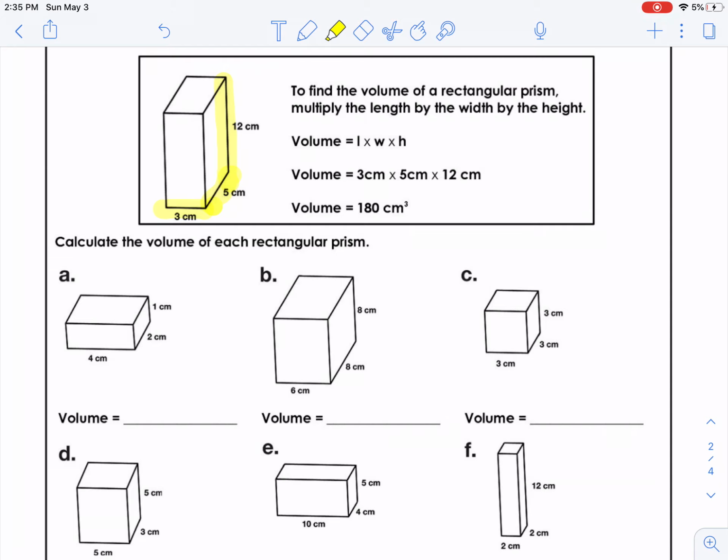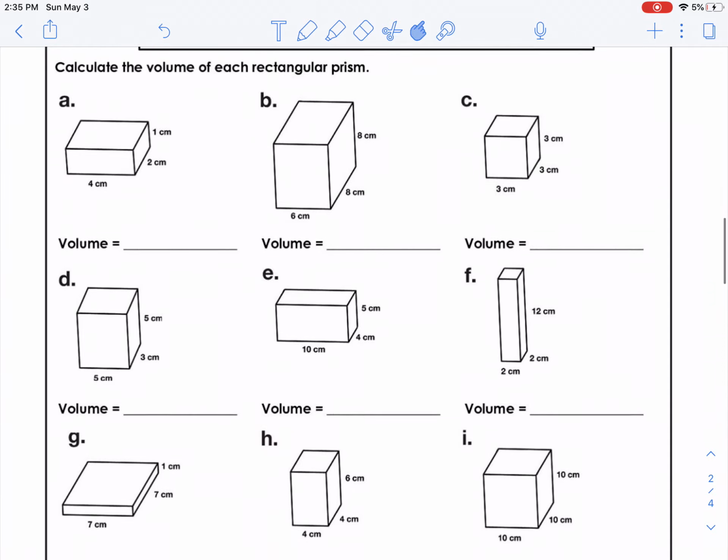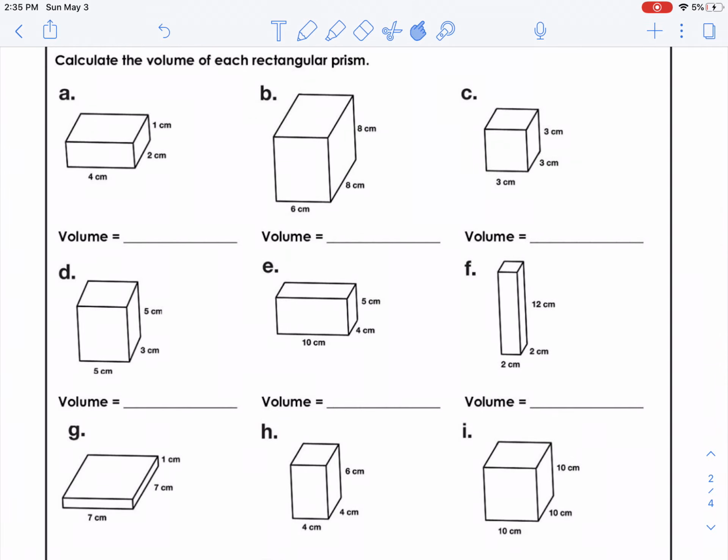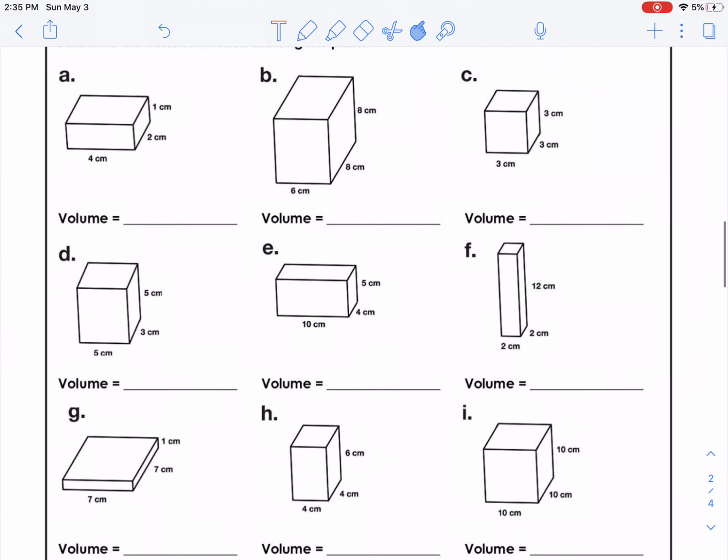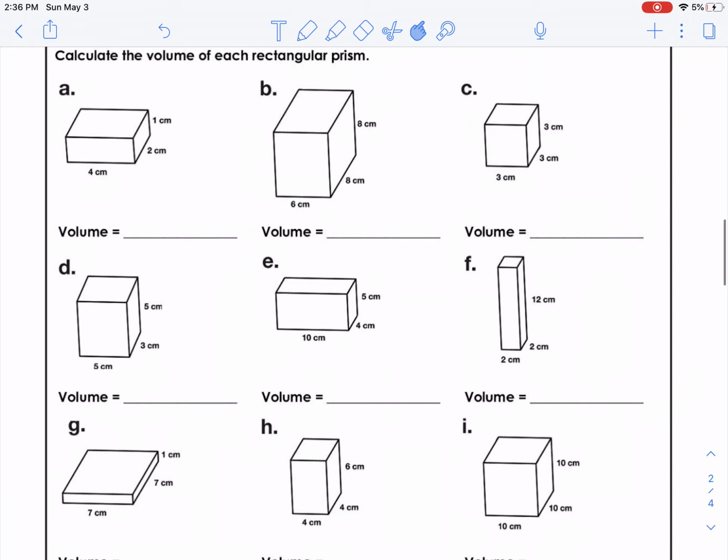Okay, so I want you to pause the video. I want you to do all of these by yourself, okay? A through I, all by yourself. You can screenshot this, and then you can add it to Notability. You can draw these in a journal.